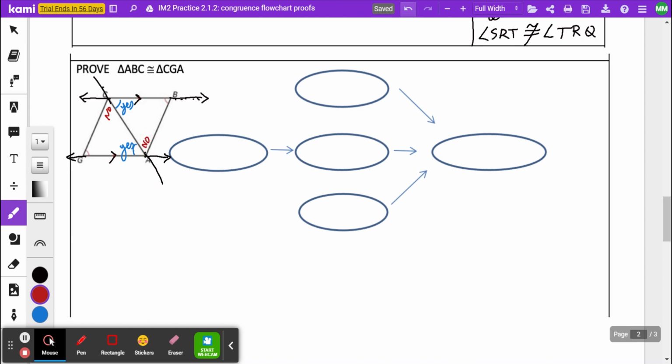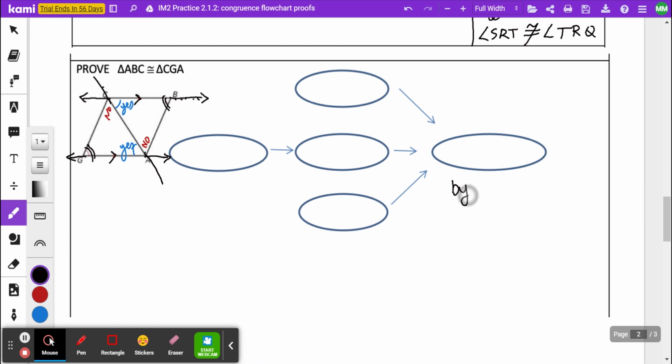Okay, we have two angles to work with, a side to work with. And let's see. It seems the side is included between the angles. So we're going to have angle, side, and then angle as our congruent statement.